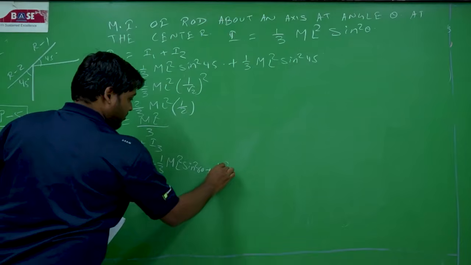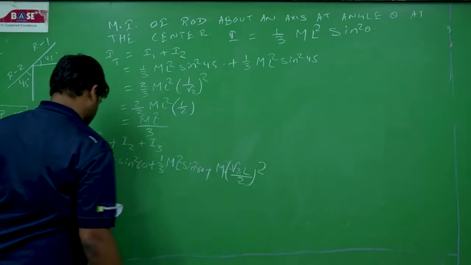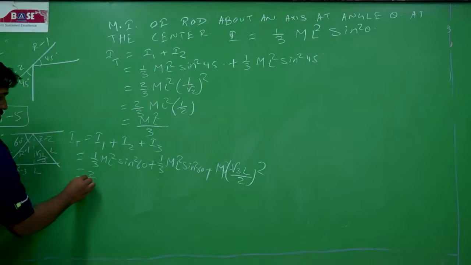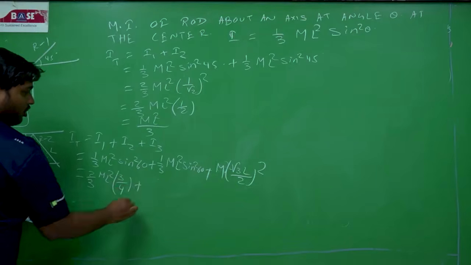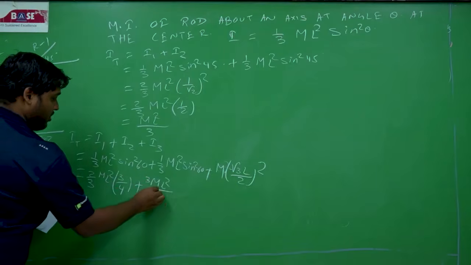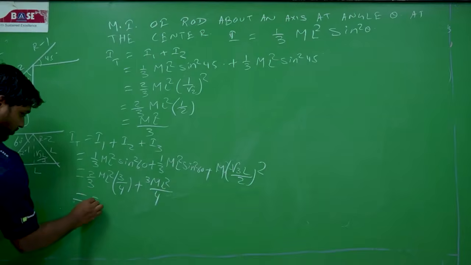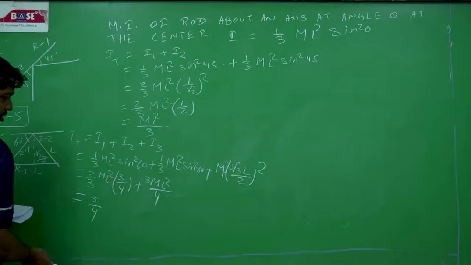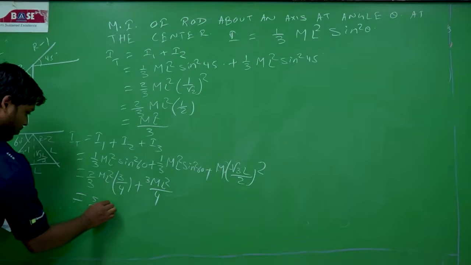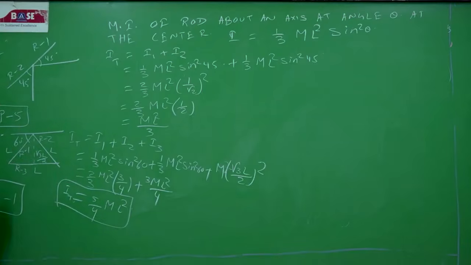Here m multiplied by that distance, root 3L by 2 whole square. If we solve, we get 2 by 3 ml square, sine square 60 is 3 by 4, plus 3 ml square by 4. So the final answer we are getting is 5 by 4 ml square, where the 3 gets cancelled and 2 by 4 is 1 by 2, plus 3 by 4. So this is the I total for the Q diagram. So Q matches with 1.